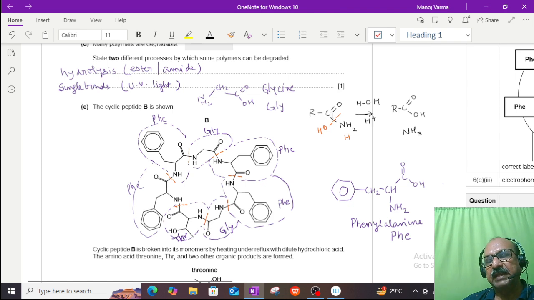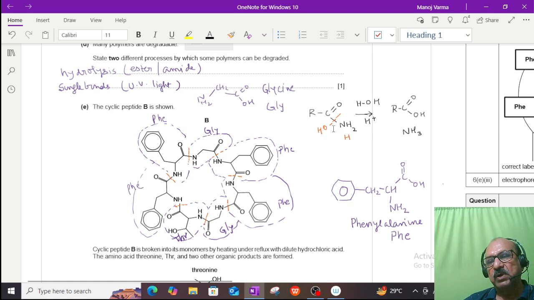So I have shown here the simplified form of the hydrolysis of an amide. See, if there is this RCONH2, the amide linkage, and if it is hydrolyzed in an acidic medium, then the C-N bond breaks, and the CO gets attached to the OH, and this is a carboxylic acid group being formed, and the hydrogen adds to the NH2 part.